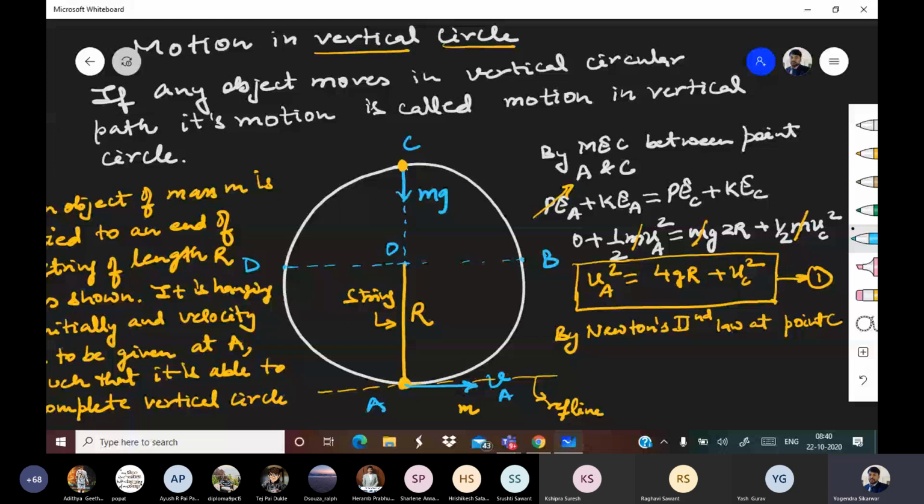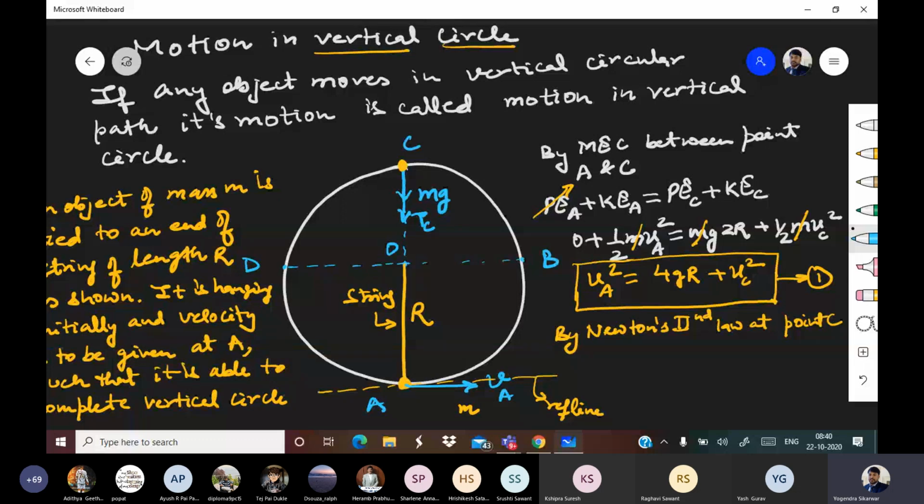Nobody can change it. Correct? Apart from mg, it is tied to a string, so the string force will also be acting downward, and that will be Tc, the tension at point C. Tension will keep on changing, mind it. At point A, tension will be different. At point B, tension will be different. At point C, tension will be different. It will keep on changing.